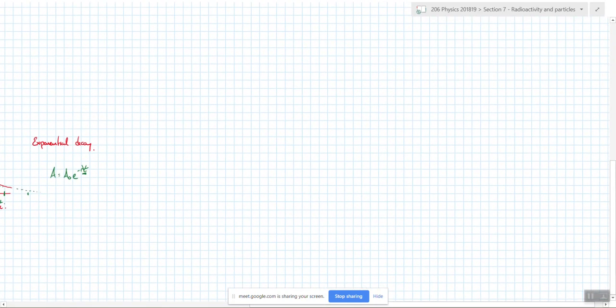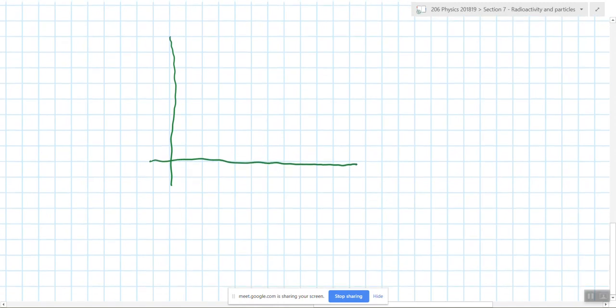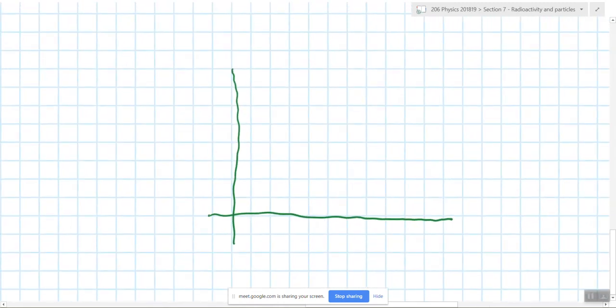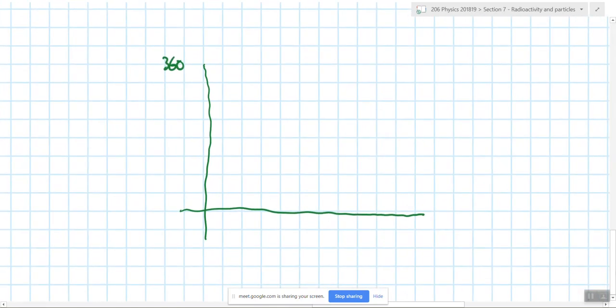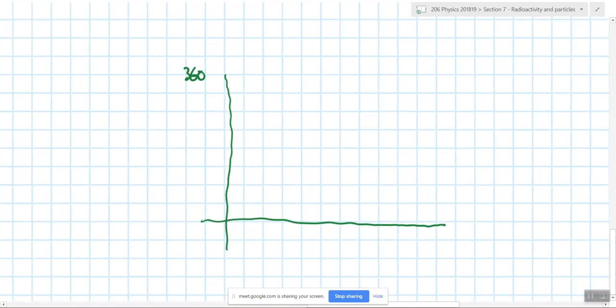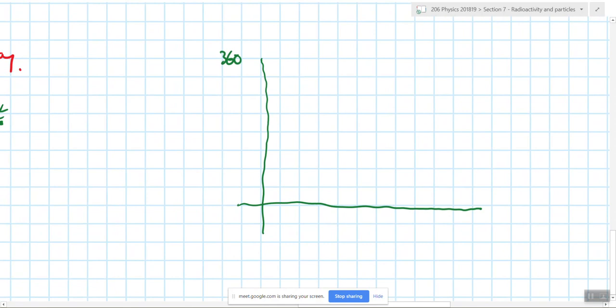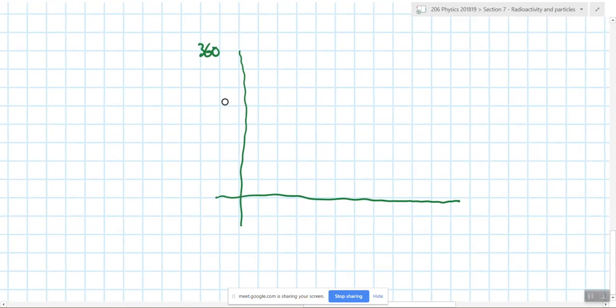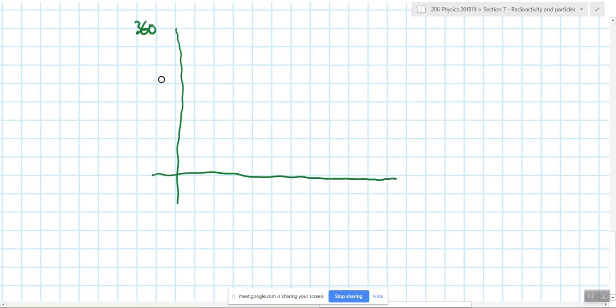So let me draw another nice big example. Let's say that we had 360 unstable nuclei. Probably it would be 360 billion. Normally you're talking about much, much bigger numbers.